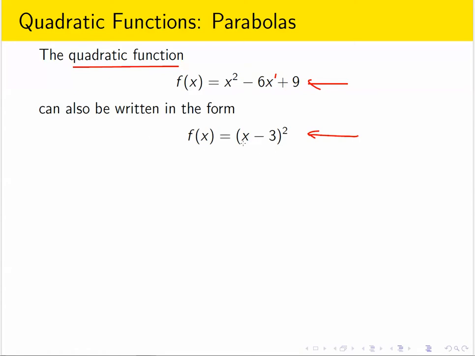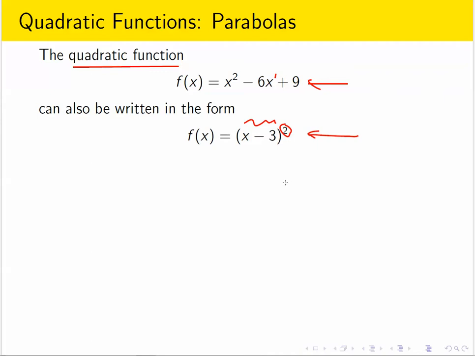So consider the form we see here, x minus 3 quantity squared. Just by looking at this form, I can tell that the output from this function is always going to be positive, because after I plug in an x, I'm going to get something which might be negative, but then I'm going to square the result, and I'm going to get something positive.